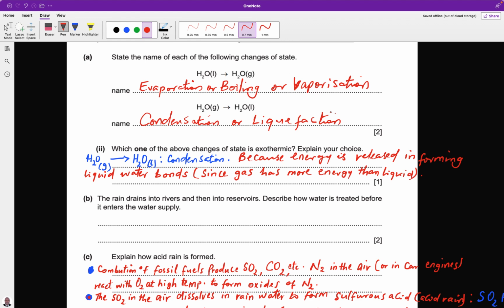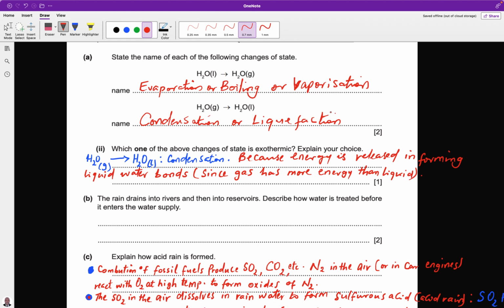Remember that gases have more energy than liquid. So for gases to be converted to liquid, they must lose that energy. They must lose a lot of energy.